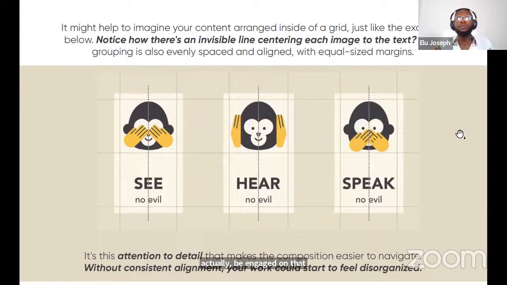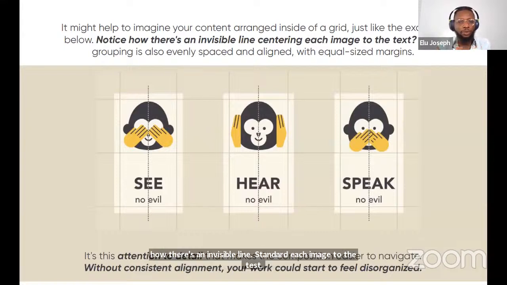Now, it might help you to imagine your content arranged inside of a grid. Just like the example you see below, notice how there's an invisible line centering each image to the text. You can see no evil, hear no evil, speak no evil.